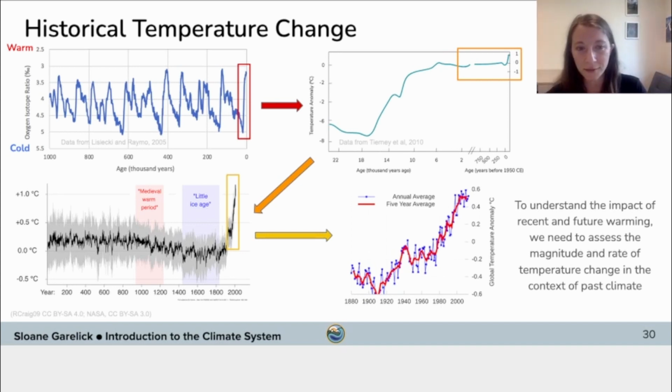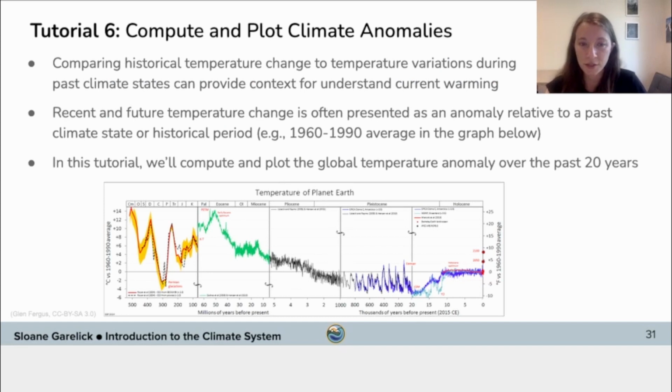Comparing historical temperature change to temperature variations during past climate states can provide context for present-day warming. Recent and future temperature change is often presented as an anomaly relative to a past climate state or historical period, and this anomaly represents the change in temperature over this time period.